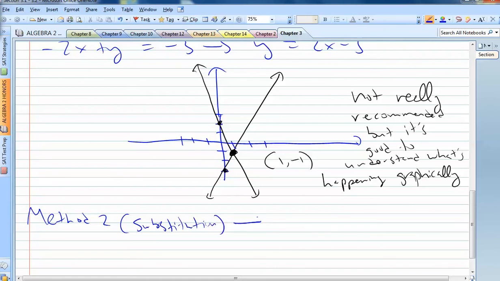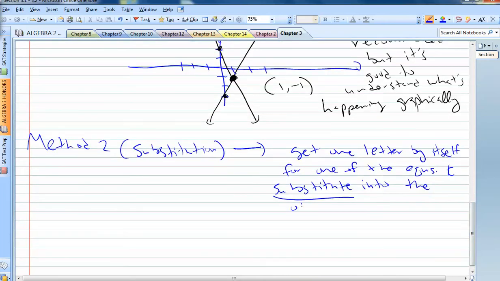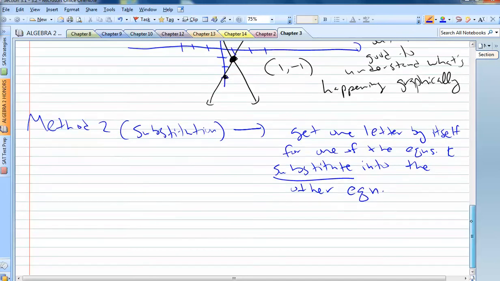So substitution, what you want to do here is get one letter by itself for one of the equations, and substitute, that's a key word here, substitute into the other equation.